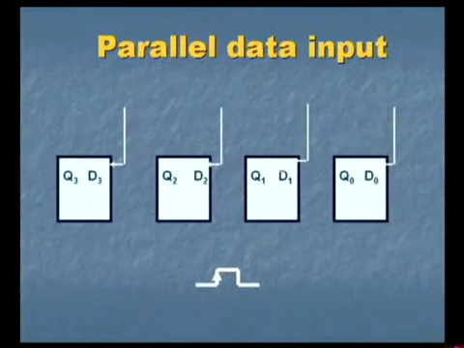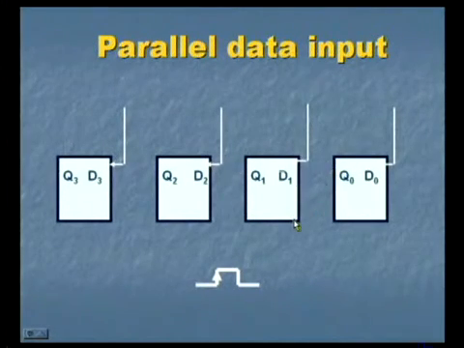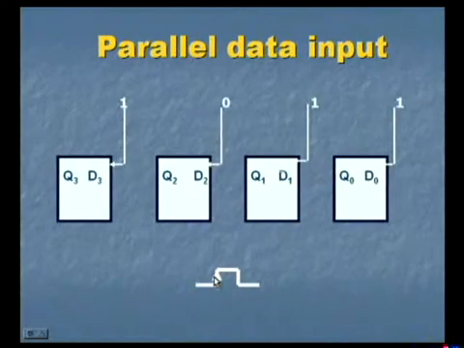Now, what do you mean by parallel data input? At once, the data bits will be fed to all individual flip-flops, that is the parallel data input. On the strike of this clock pulse, all the data bits will enter into the respective flip-flops.